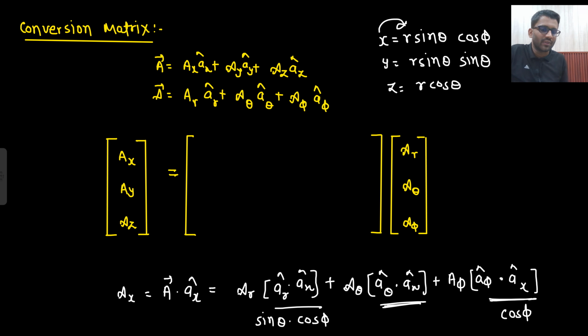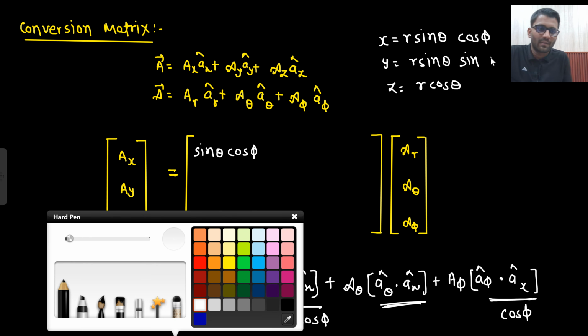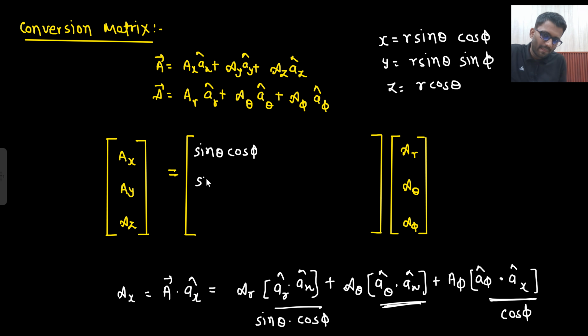So X has dependency on R: sin theta cos phi. Y has dependency on R: sin theta sin phi. Z has dependency on R: cos theta.